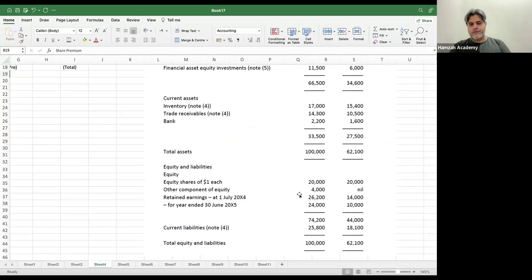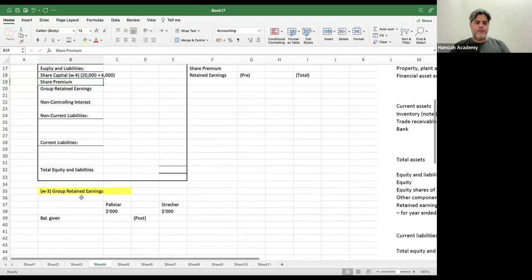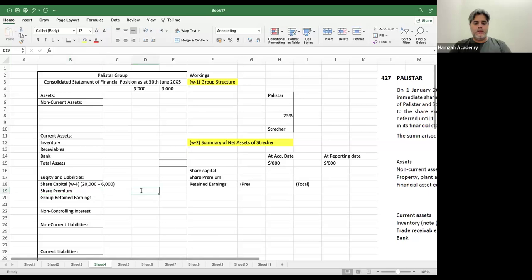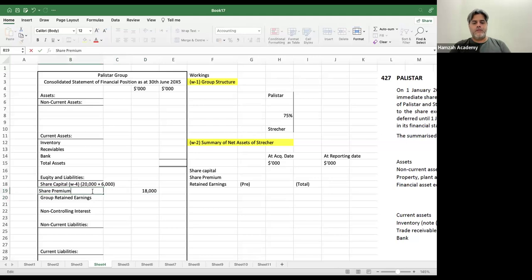I have the other components of equity, 4 million. So the share premium is 18 million, so I'll write 18 million over here with the reference of working. So I have other component of equity as well.